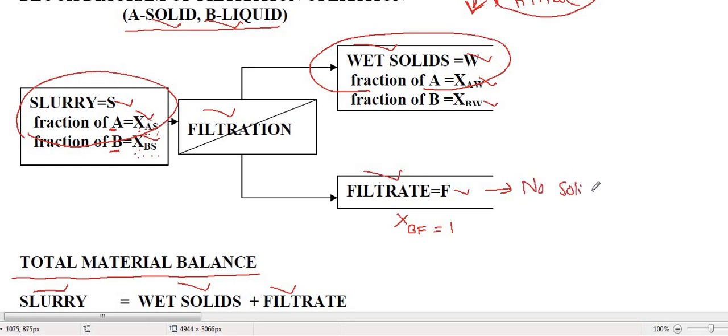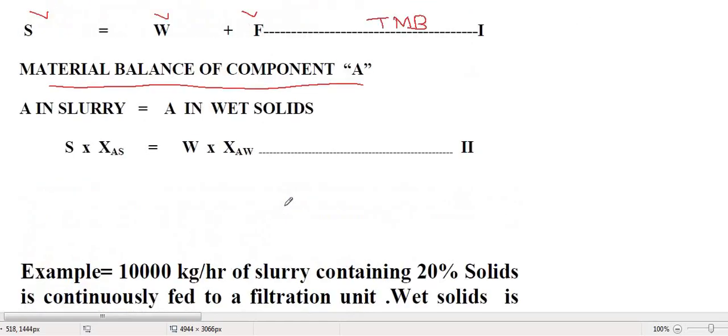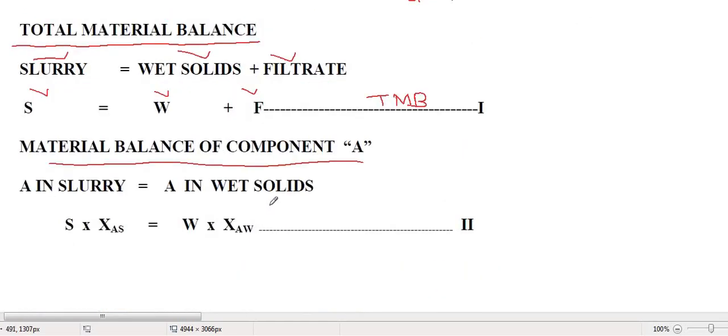That means 100% liquid we have considered. And therefore when you write the equation for material balance of component A, that means A in slurry equals A in wet solids, because in filtrate there are 0% solids.